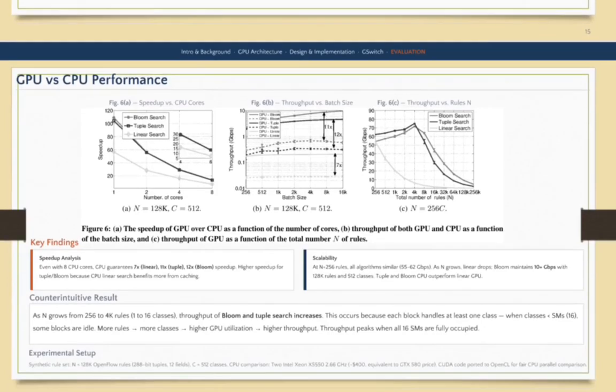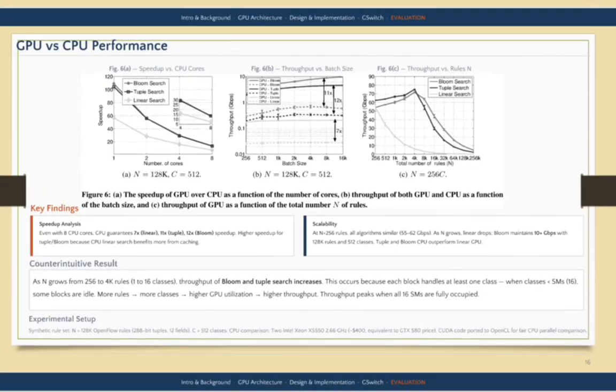Slide 16 compares the GPU and CPU performance. The results show that the GPU significantly outperforms the CPU even when all CPU cores are used. The GPU achieves about 7 times higher performance for linear search and up to 12 times higher performance for Bloom search.